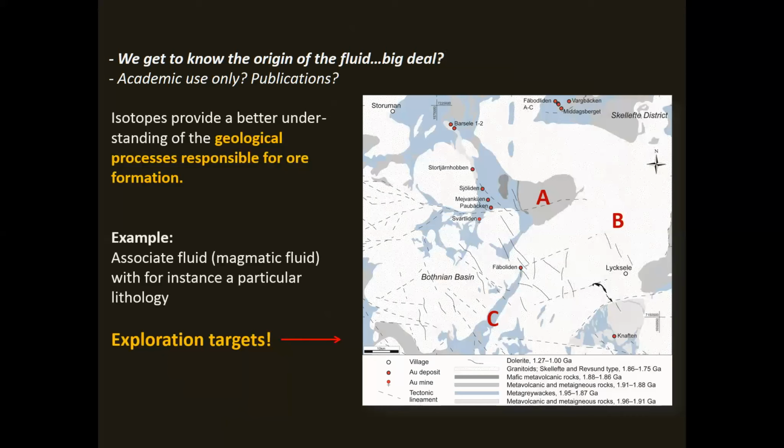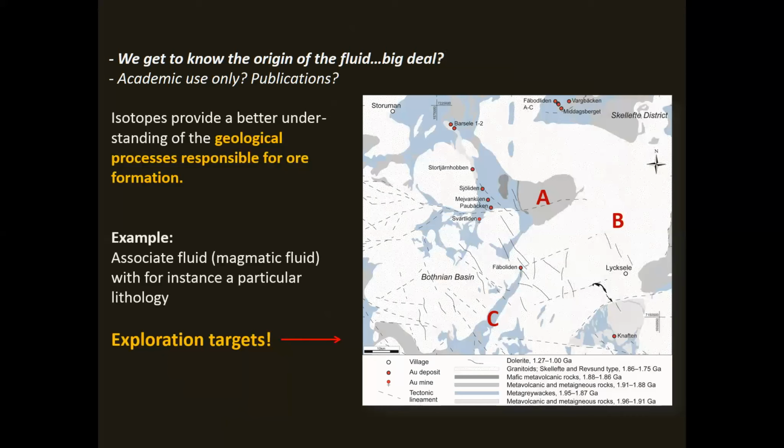And it didn't work out in this case, but it would be a neat thing if we could actually pinpoint the signature for the fluid and pinpoint the isotope signature for oxygen and hydrogen for a certain rock type or lithology in the area that we're working.